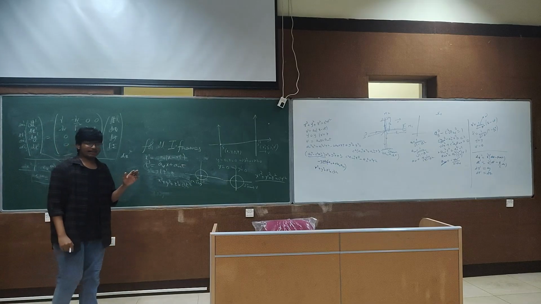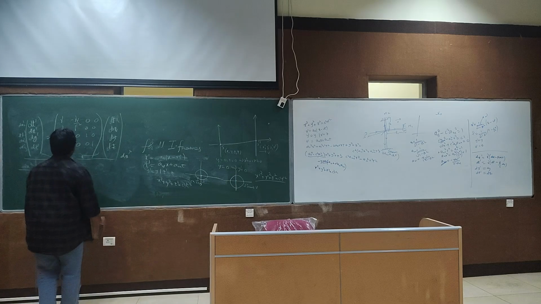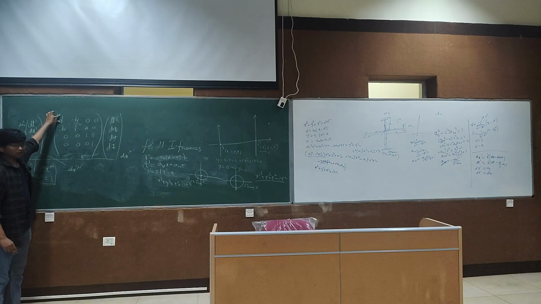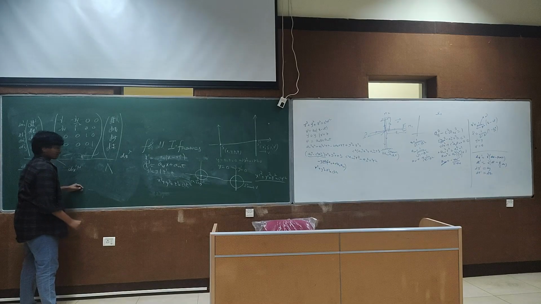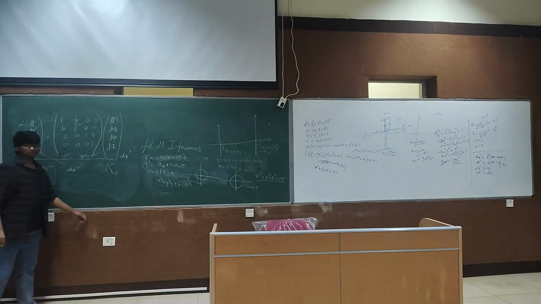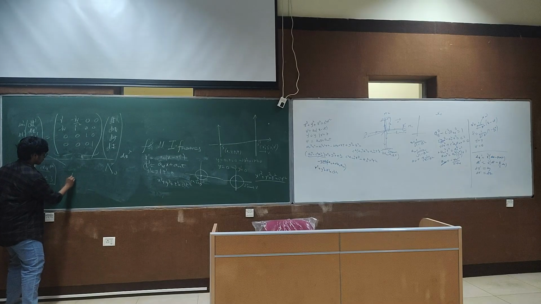You are all aware of matrix algebra. Each element of this matrix is represented by two indices. Let me call this matrix lambda. Let one index be mu, one index be nu. You get it?